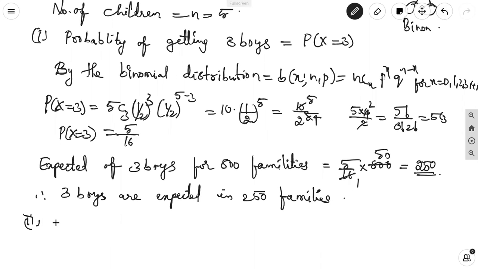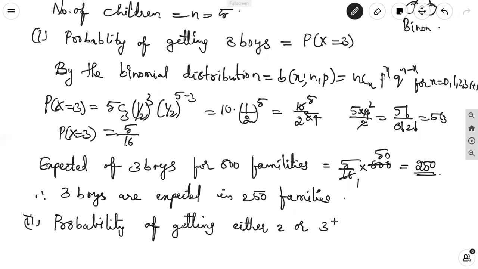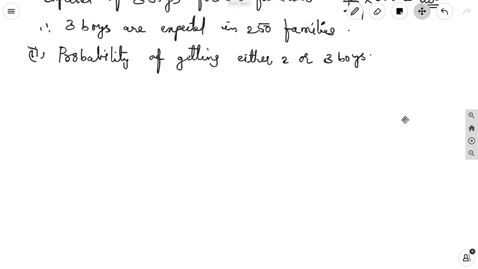Second condition, probability of getting either 2 or 3 boys. Either 2 or 3 boys means we can take probability of x equal to 2 plus probability of x equal to 3.